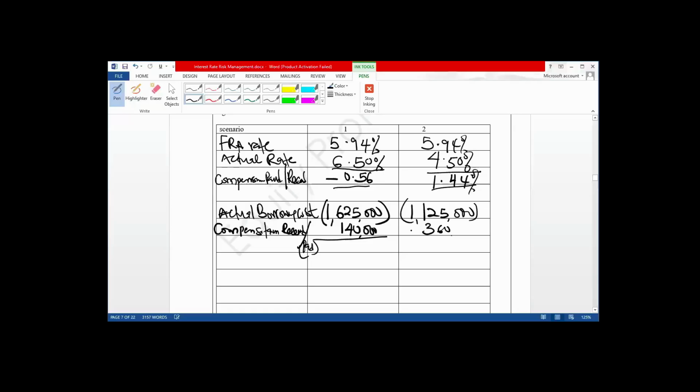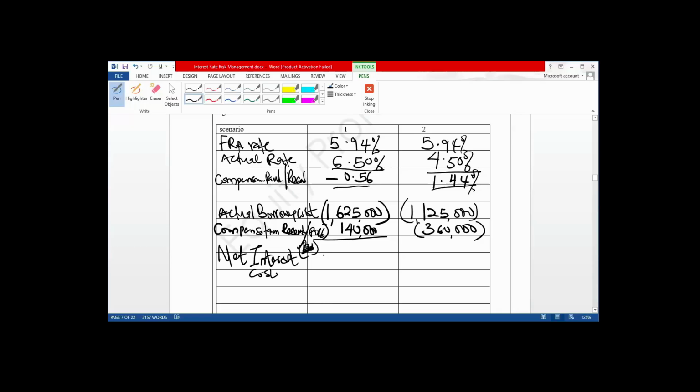Now get your net interest cost. Let me take this one away. Let me put this one here. Paid all receipts. Our net interest cost is negative 1,625,000 plus 140.